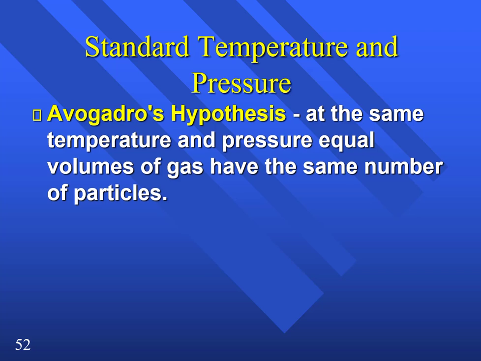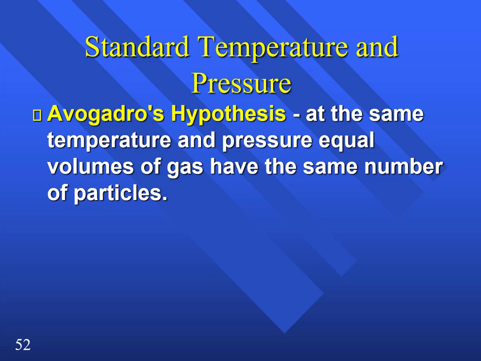That a liter of hydrogen and a liter of helium would have the same number of particles as a liter of oxygen. Doesn't matter what the gas is. In hydrogen, they'd be molecules because it's H2. In helium, they'd be atoms because it's just He. But it'd be that many pieces. Okay? That's why they named the number after him, because he saw that the number was the important piece, how many there were.